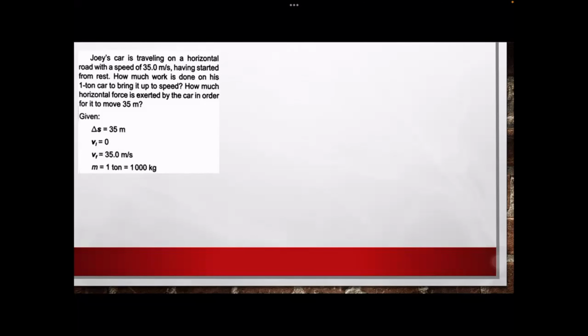So, magkakaroon tayo ng W is equal to, this is for using the kinetic energy theorem. So, magkakaroon tayo ng delta KE is equal to KE sub F minus KE sub I. This will be equal to 1/2 mvf squared minus 1/2 mvi squared.